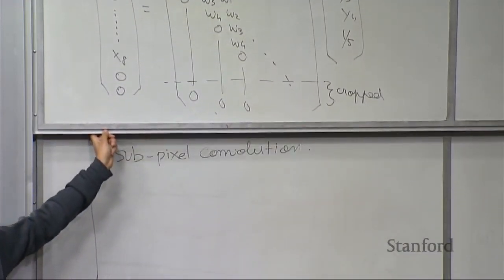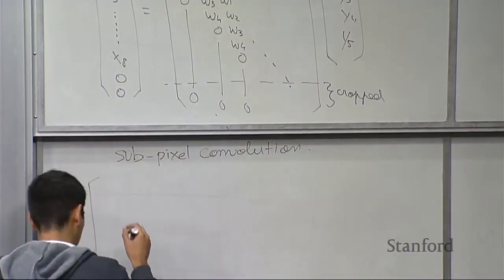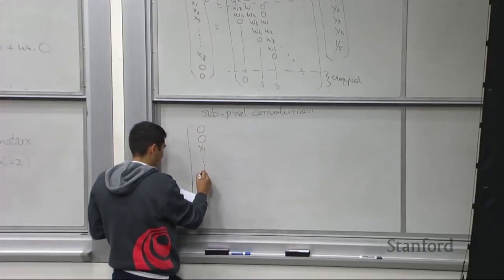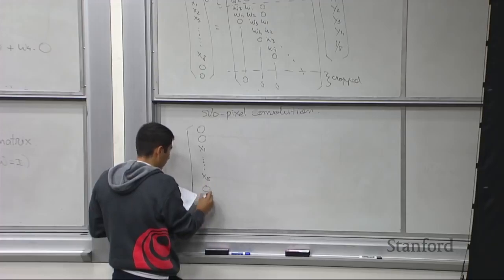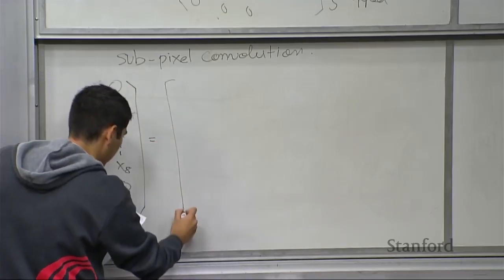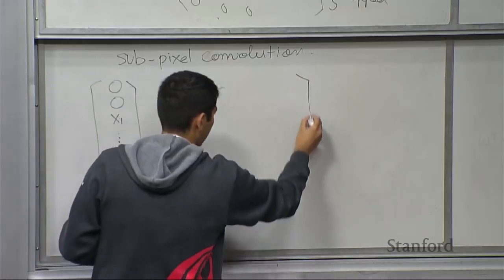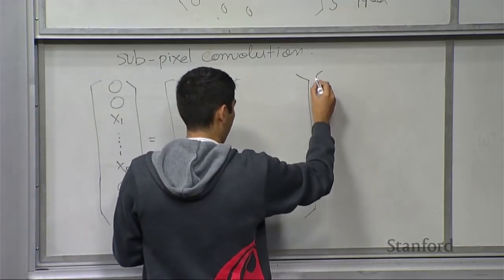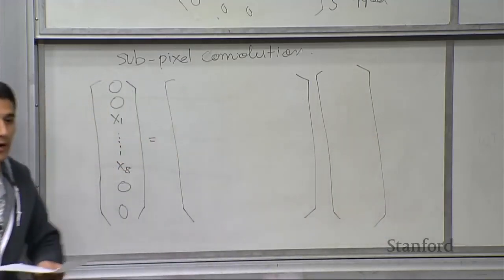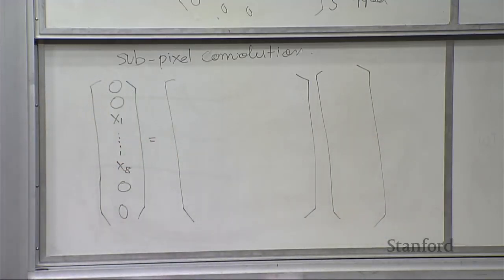So let's look at the sub-pixel convolution. I have my input, and I would do something quite fun. I would perform a sub-pixel operation on y. What does it mean? I will insert zeros almost everywhere.